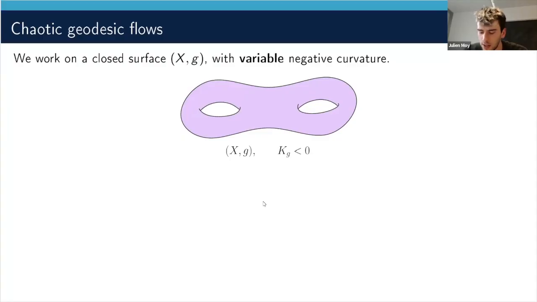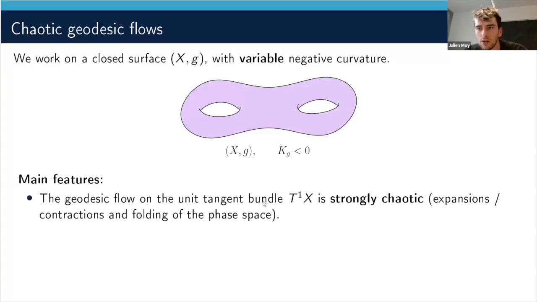And the surfaces enjoy some nice properties in this context, which is that the geodesic flow is strongly chaotic. What the geodesic flow does is that it takes a point on the manifold and the unit tangent vector of the manifold, and then it just follows the geodesic that has this unit speed for initial condition.